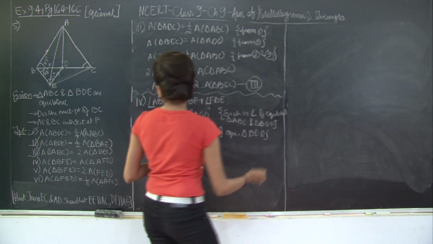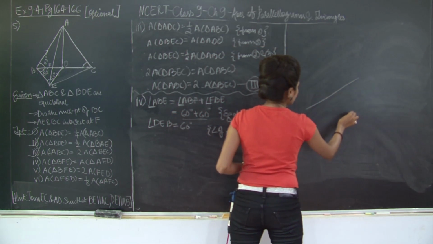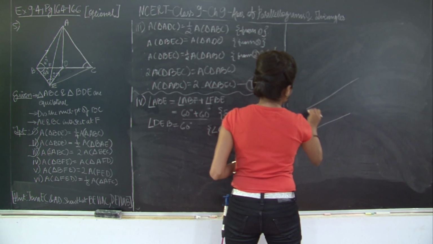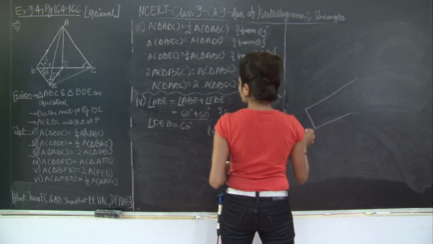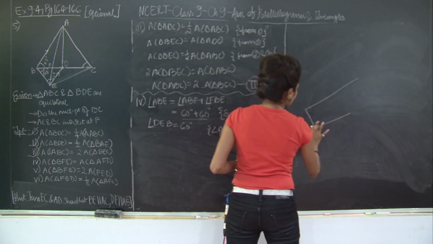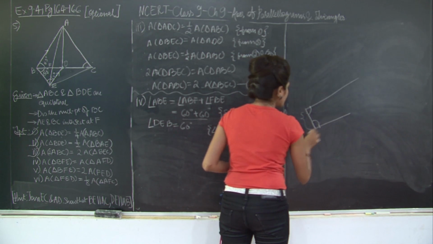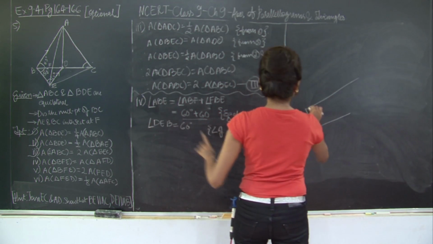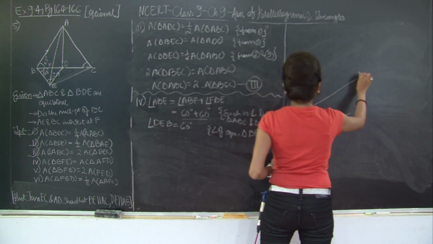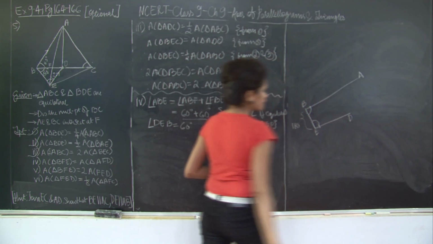So let's see which lines are parallel. I have line AB and DE, right. This is the transversal out here and the sum of these two angles is giving me 180 degrees. Therefore, which are my parallel lines? My parallel lines would be BA and ED, right.